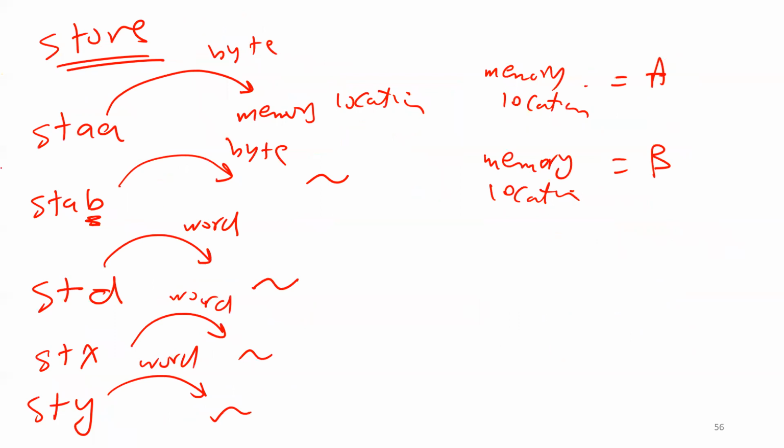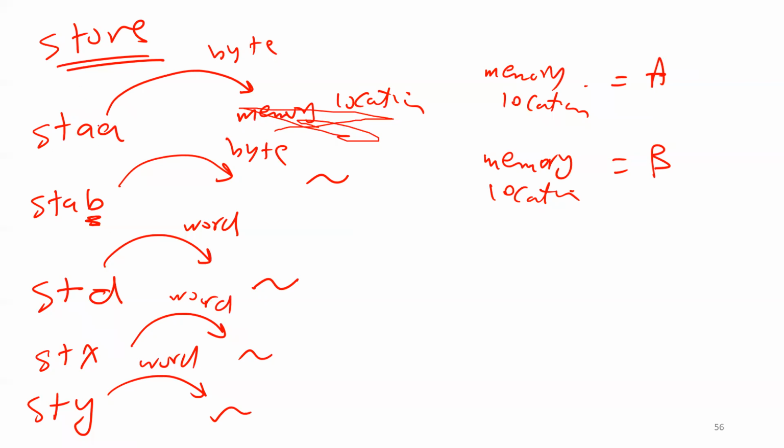We have store A, store B, store D, store X, store Y. You have to put a memory location here. You cannot put an immediate value, because you have to copy to a memory location. And again, for the memory location, you can use any one of the 4 formats I taught.